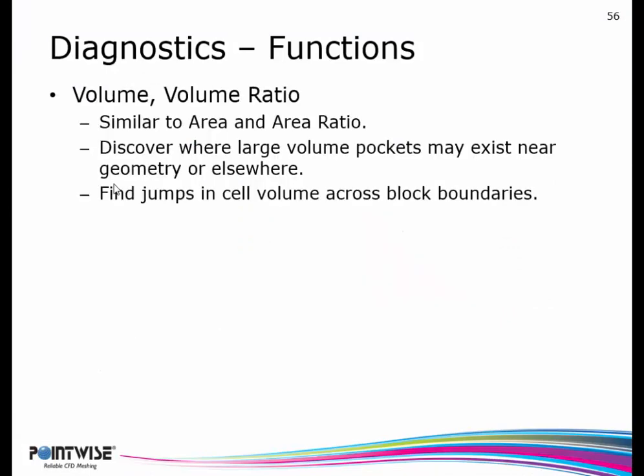Okay, and that's what I have on the next slide, just talking about volume and volume ratio, very similar to what we just looked at at the 2D level for domains. Finding areas where we have pockets with large volume cells, and also possibly even more importantly, finding jumps or large discontinuities in volumes across boundaries of blocks.